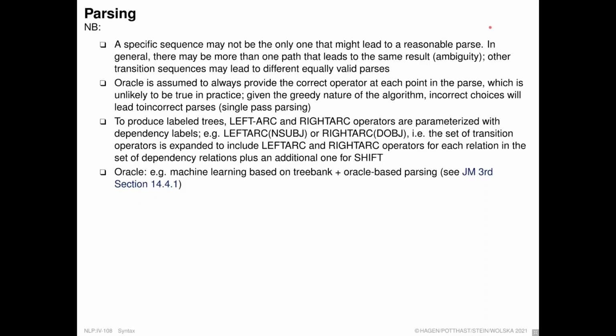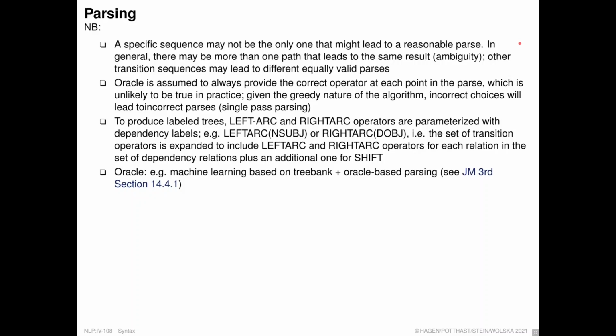And we can't trace back in the basic approach to either build an alternative parse or correct the parse. And of course, a specific sequence may be ambiguous and might lead to more than one reasonable parse, because we have this problem of ambiguity.